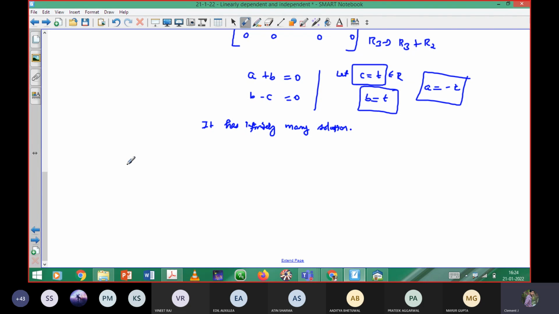So here you can conclude x, y, z are linearly independent or dependent? Dependent. Okay, that's it.